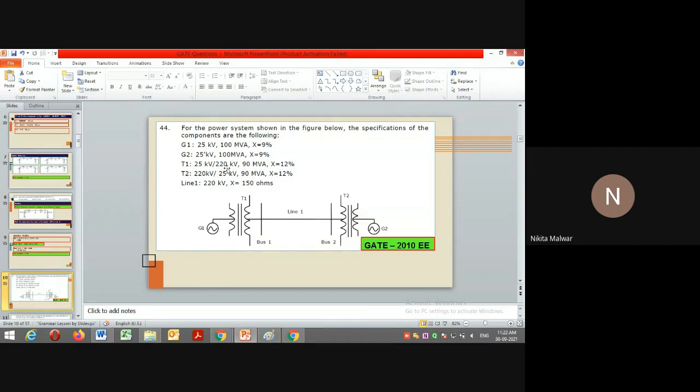So your question number 3 is: for the power system shown in the figure, the specifications of the components are given. Specifications are given for generator 1, generator 2, transformer 1, transformer 2, and in between them line 1 is given to you.